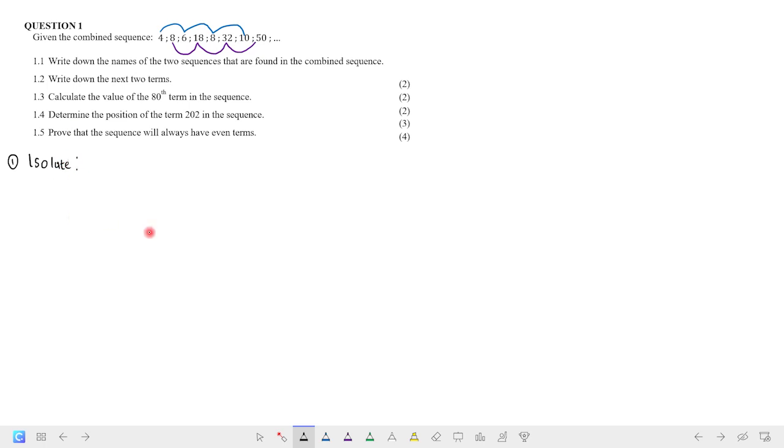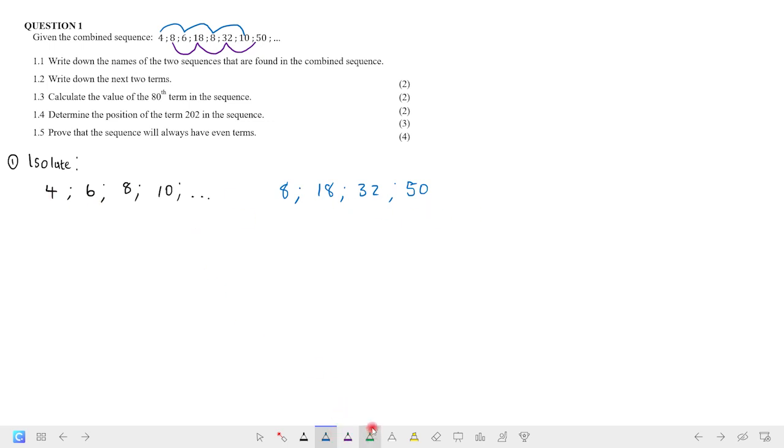When we isolate these sequences, you'll notice that the first sequence is 4, 6, 8, 10 and so on, and the second sequence is 8, 18, 32, 50. Is it important for you to expect them to give you the type of sequences in the question? No, it is not, but it is important for you to isolate them.